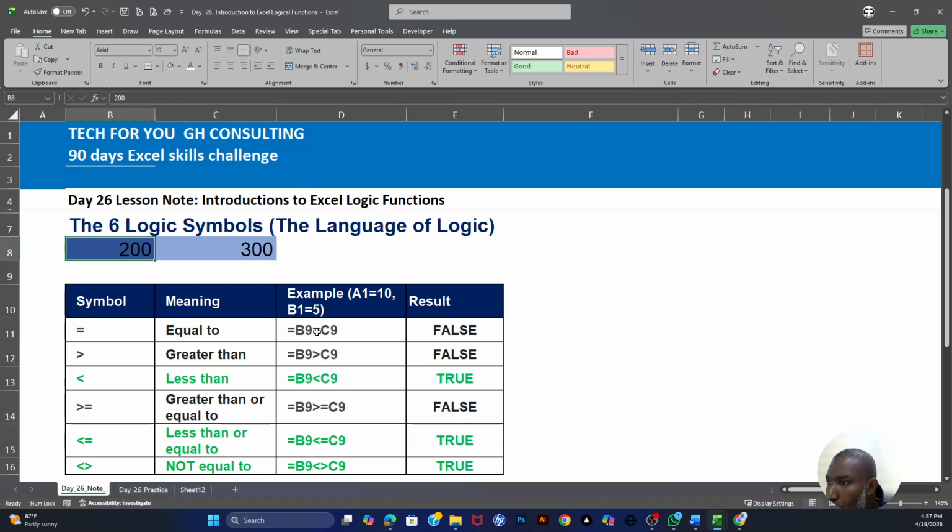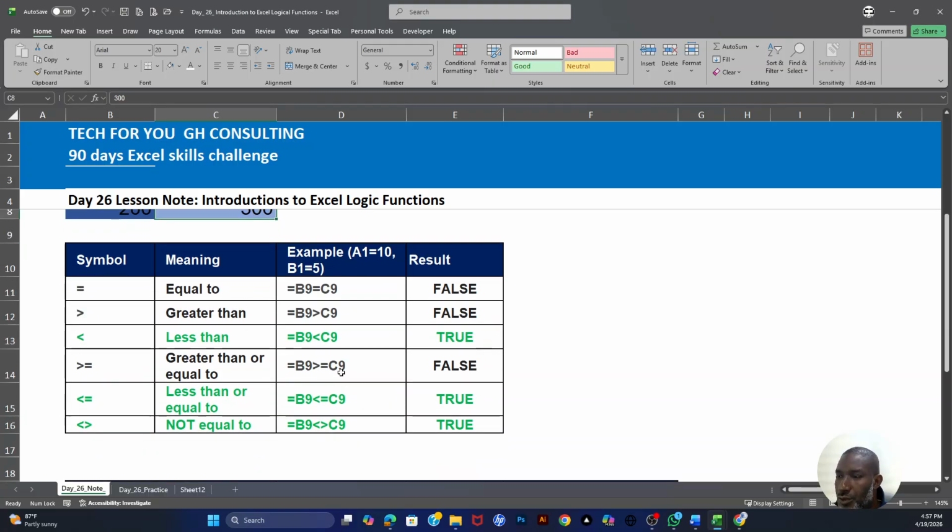The second equal to sign is the comparison. It is comparing the value of B9 to C9 and asks, is B9 equal to C9? The answer is false, because B9 is 200 and C9 is 300. And that is the equal to sign that we talked about.